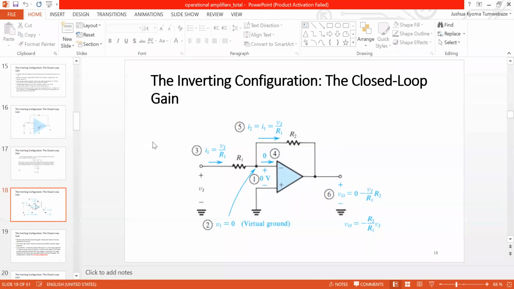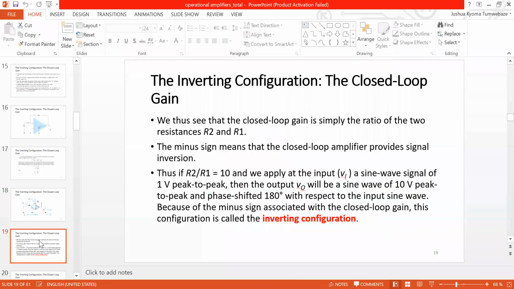We define the closed loop gain as the ratio V naught over Vi. So it would simply become minus R2 over R1. So that is the expression for our closed loop gain.